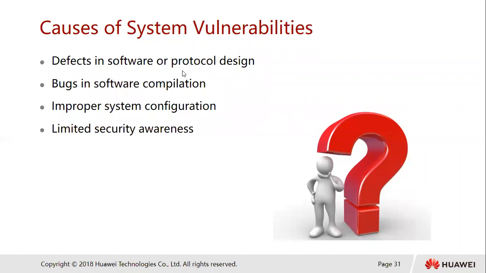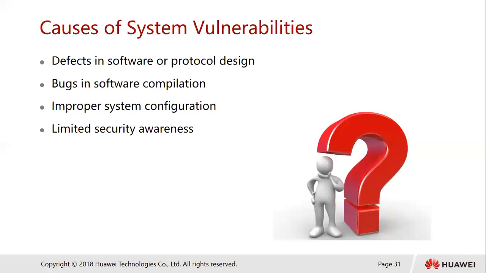So what are some of the causes of system vulnerabilities? Defects in software or protocol design. And these defects come from the errors of the coders, okay? Some bugs in software compilation, improper system configuration. So here, maybe you have left the devices with default settings.